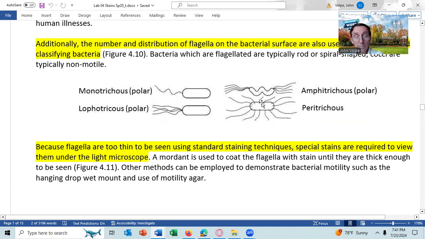When you look at the cells, they will look pleomorphic, because if the cell is peritrichous, before it puts out all the flagella, it'll be amphitrichous. Before it's amphitrichous, it'll be lophotrichous. Before it is lophotrichous, it'll be monotrichous.